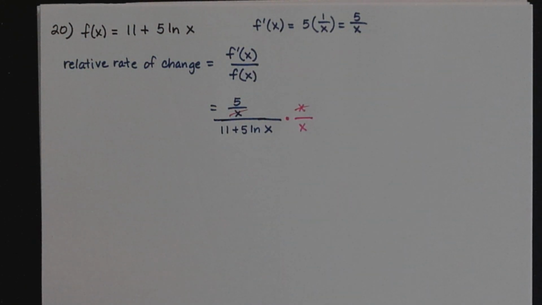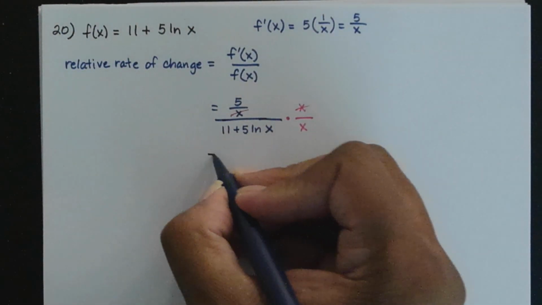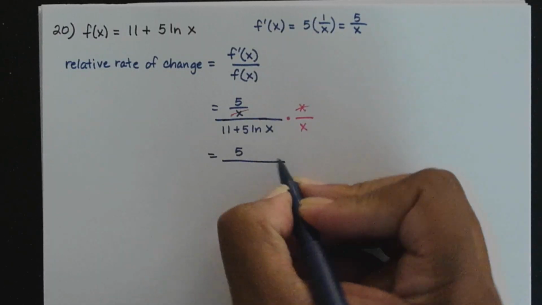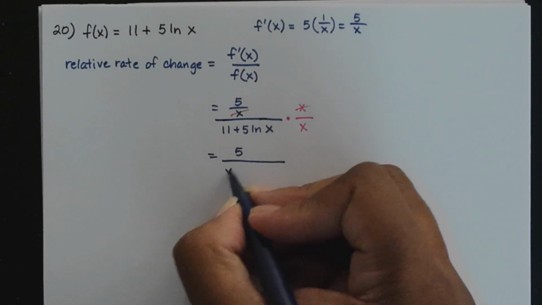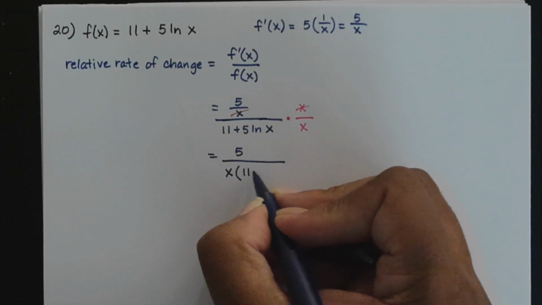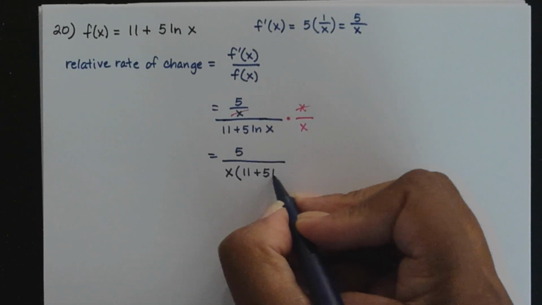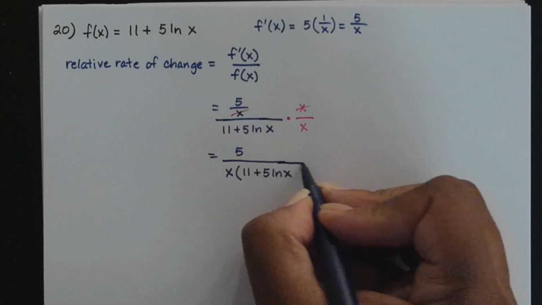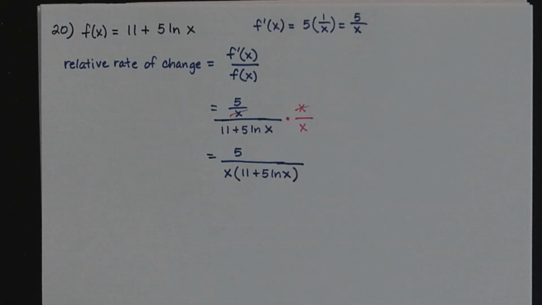I'll be left with the 5 divided by, and I'll put the x in front, multiplied by, in parentheses, 11 plus 5 ln of x. And I will go no further than that.